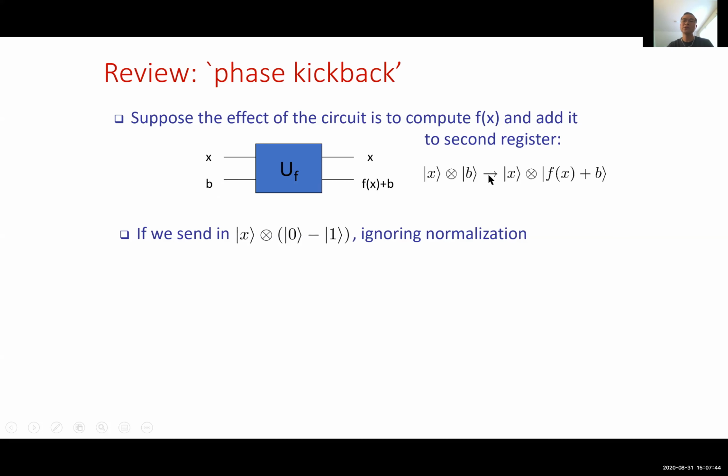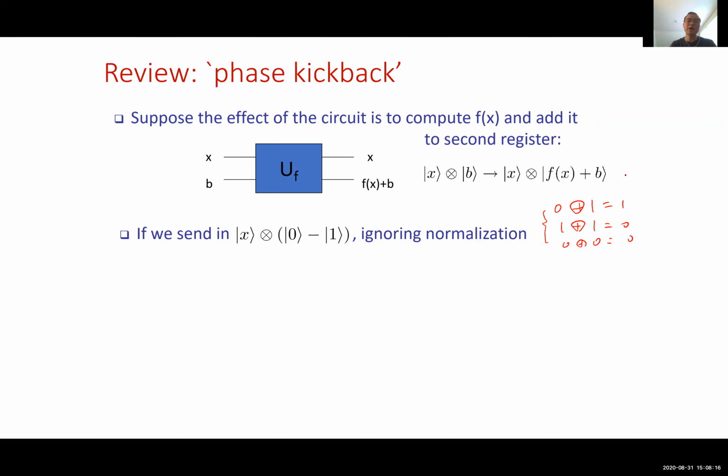What it does is really just taking X, evaluating the function f of x, and adding it to the second register B. Adding, in a sense, bit by bit. For example, 0 adding 1 is 1, 1 add 1 is 0, 0 add 0 is 0. So bit by bit; if you have many bits, you add bitwise.